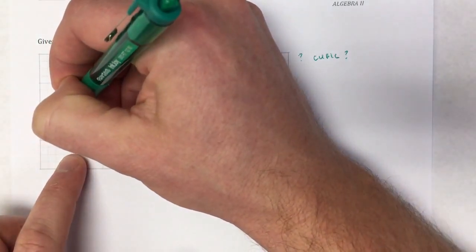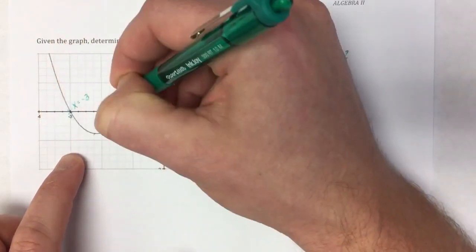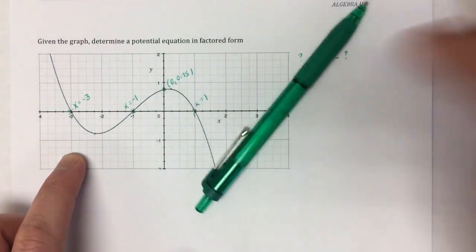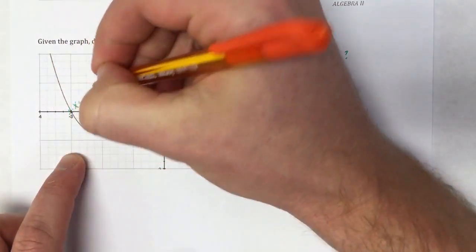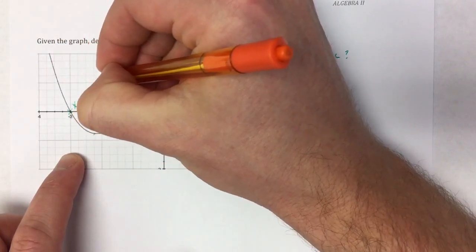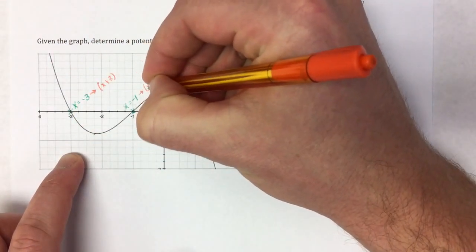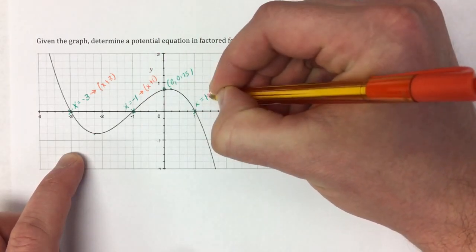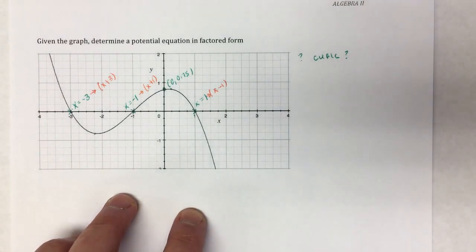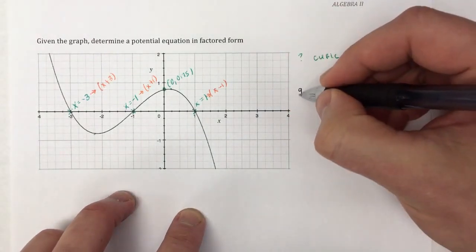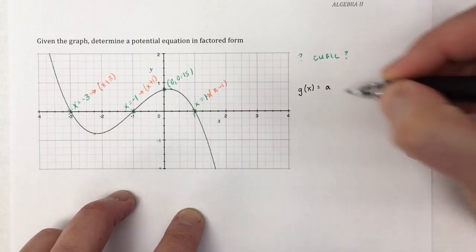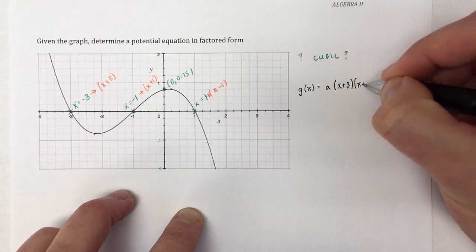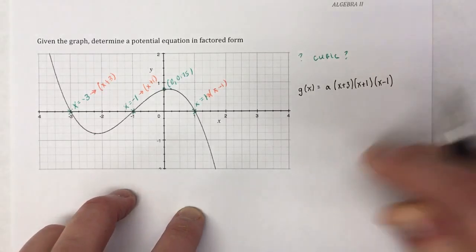The zeros: x equals negative 3, x equals negative 1, x equals positive 1, and their associated factors would be x plus 3, x plus 1, and x minus 1. Okay, how does that help me? Well, it helps me set up this factored form. So I'm going to use g of x equals a, that's the lead coefficient that I'm trying to determine, times (x plus 3)(x plus 1)(x minus 1).